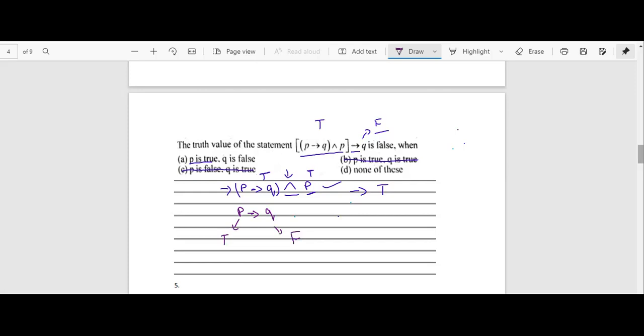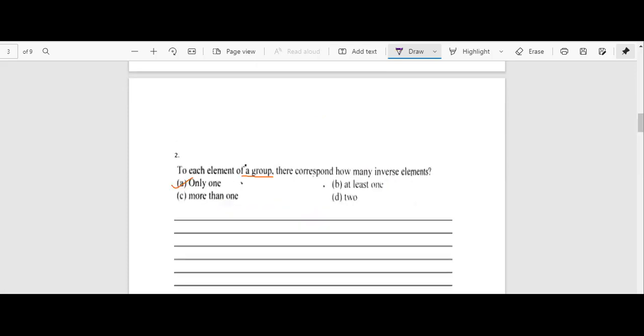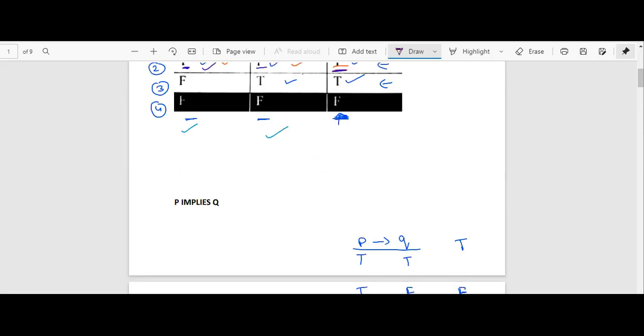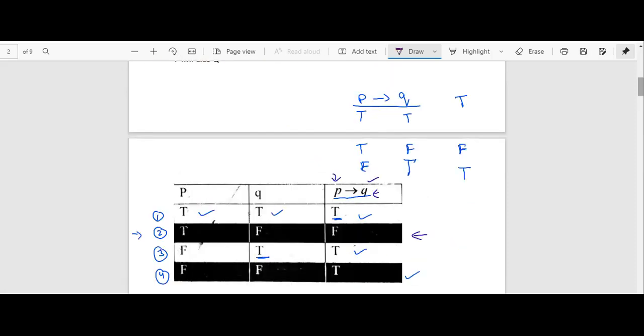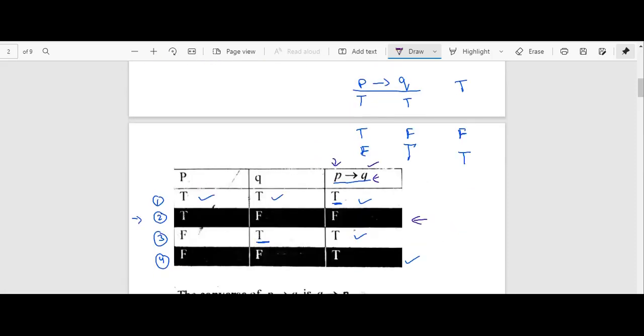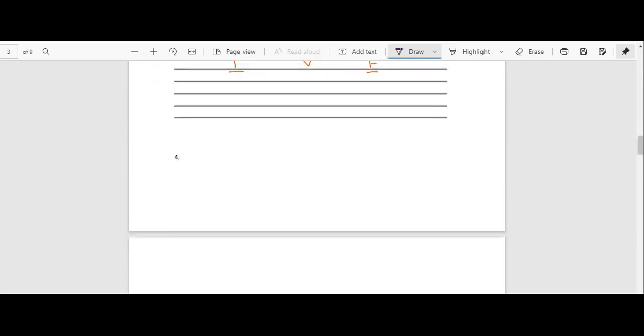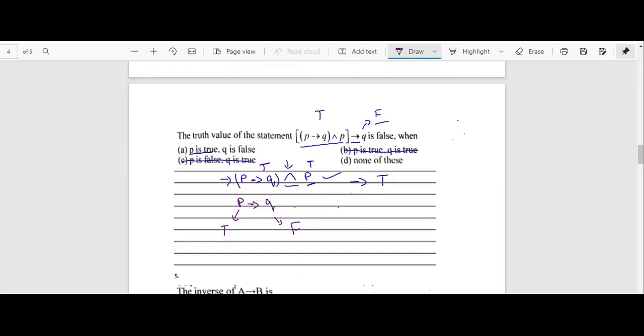Simply, we are very close to our answer. We need to go to the imply table and see what is happening when P is true. This is basically the second row. Here P is true and Q is false. So it is going to be false, right? P implies Q would be false.